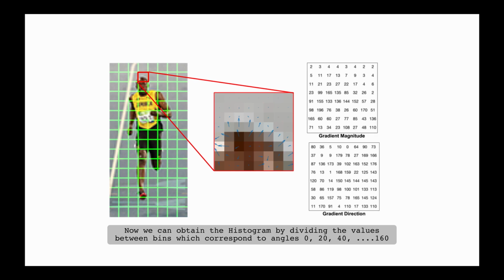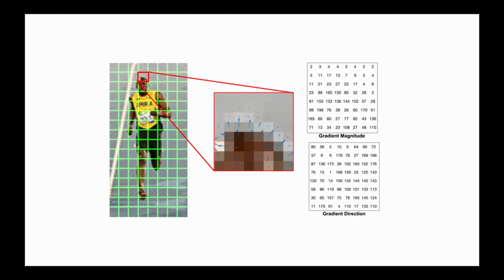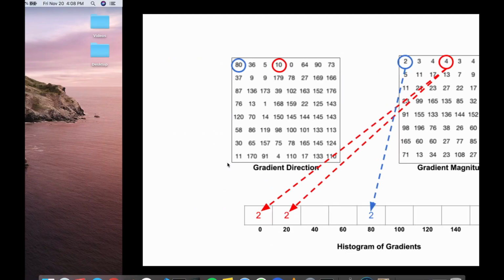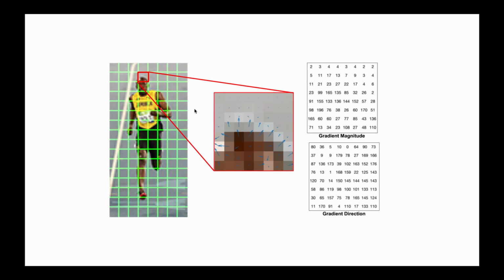There are 9 bins that are created from 0 to 160 degrees, and each bin is 20 degrees. We can see this one, for example. This 8 by 8 cell block contains the gradient direction, and this 8 by 8 cell block contains the gradient magnitude from this region. This is an example.